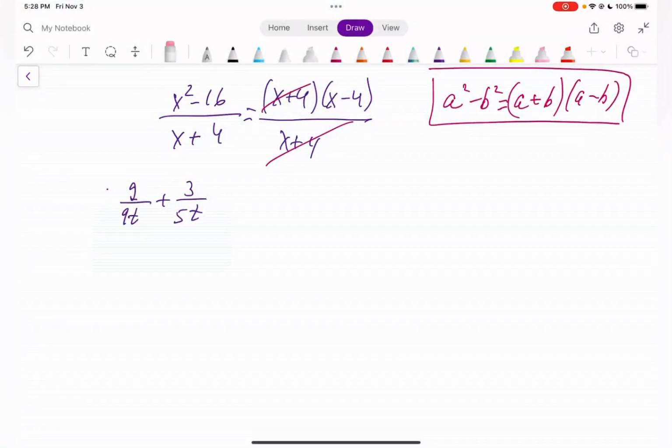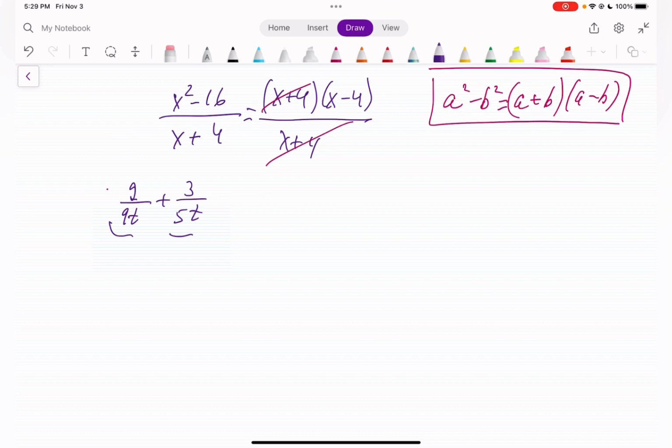So what do we have here? 9t, the denominator, right? 9t and 5t. So what is going to be our denominator? For 9 and 5, t we have it, it's going to be common, right? For 9 and 5, the denominator is going to be 45, right? Because 5 is a prime number, we can't break it down anyhow, we just have to multiply.